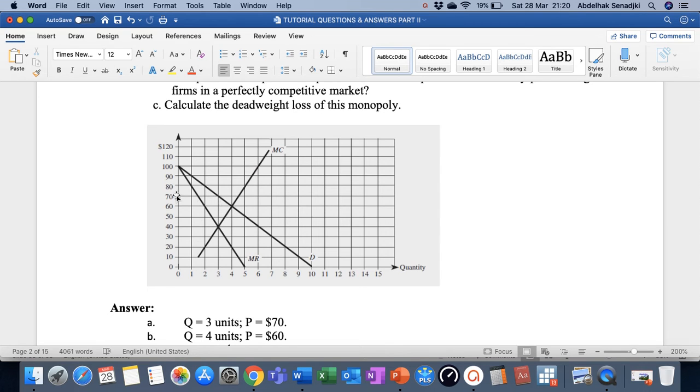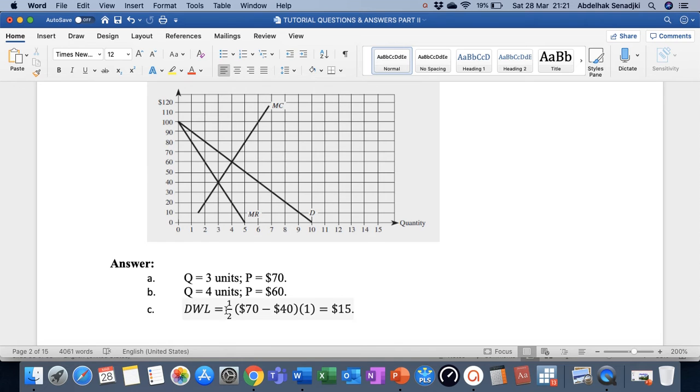It is 70 minus 40, times 4 minus 3, then times a half, because it's a triangle. So we have half of 70 minus 40 times 4 minus 3, which is 1, and this equals 15. So the deadweight loss here is 15.